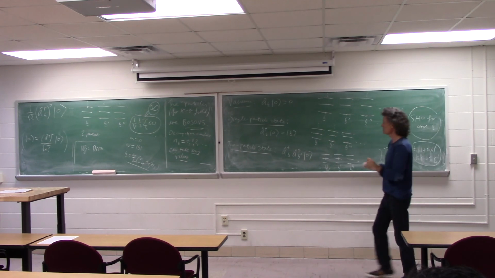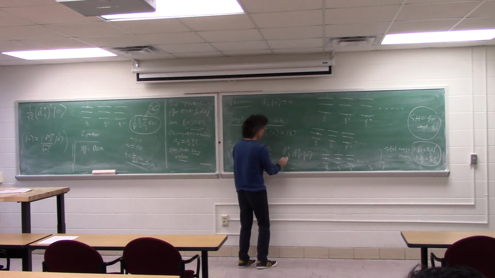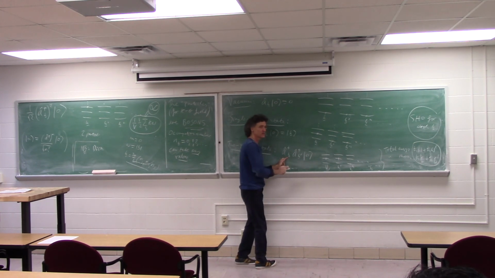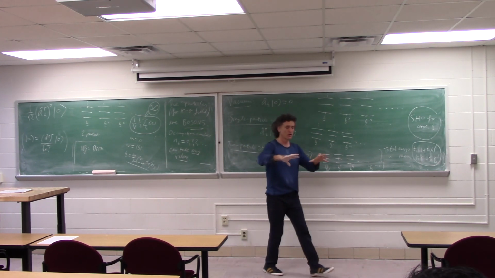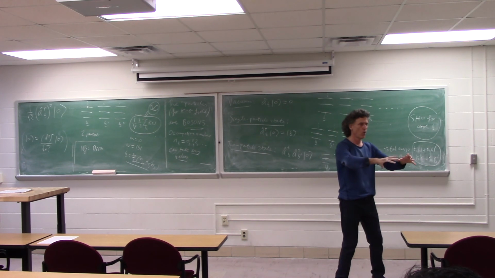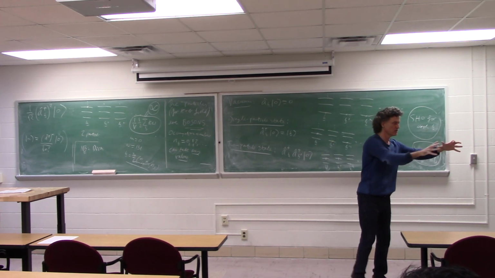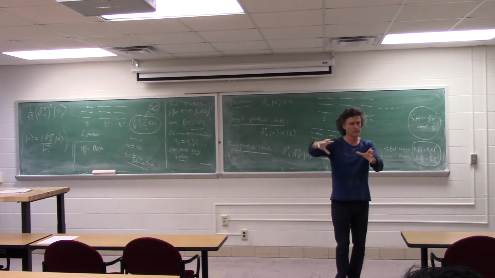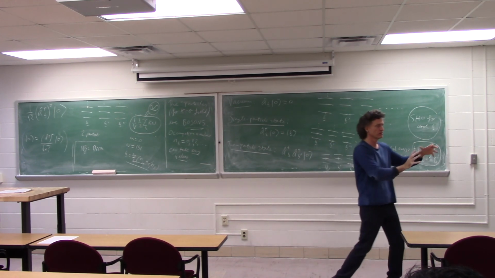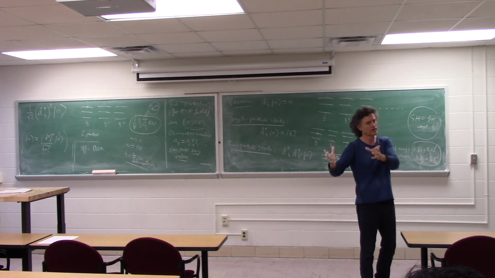Whereas if I have a two-particle state, I will have superpositions. I have a spread in k and a spread in k prime. So one particle packet is concentrated around here, one particle packet is concentrated around there. This one can hit this detector, this one can hit that detector.